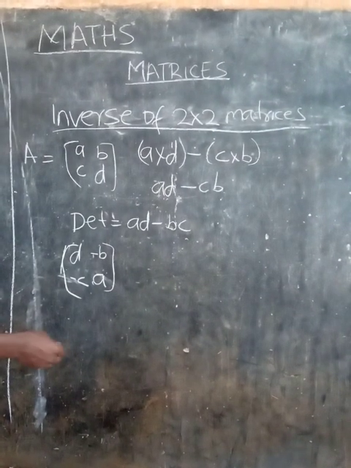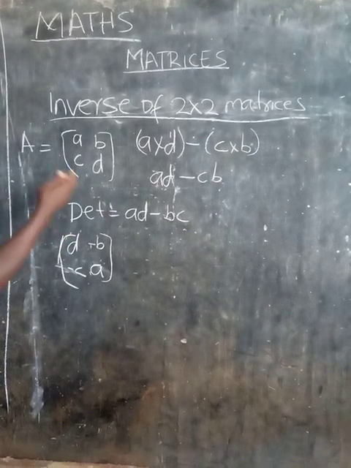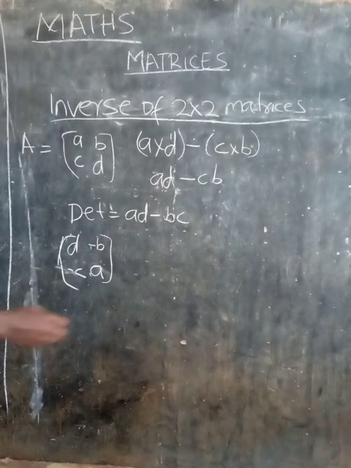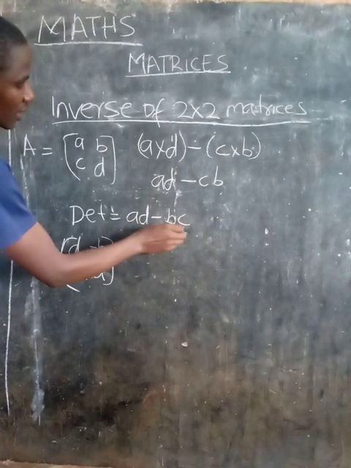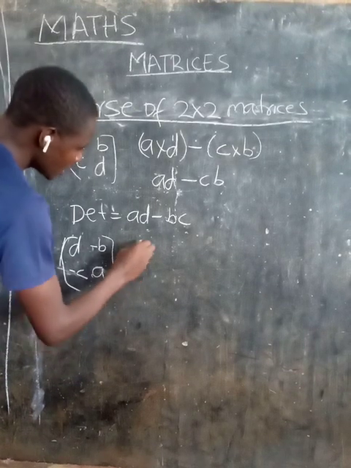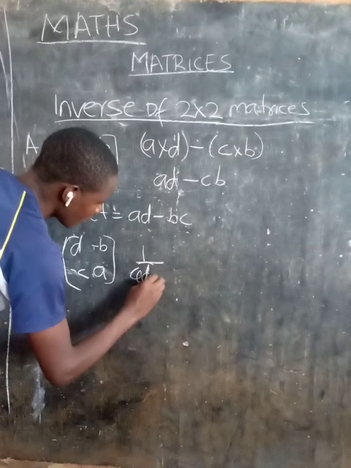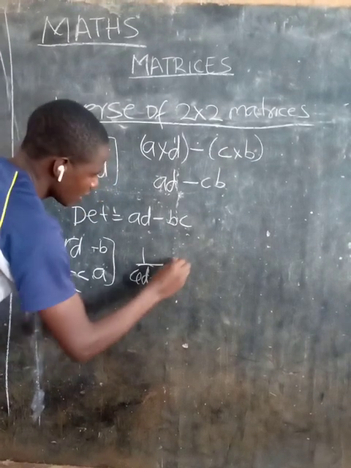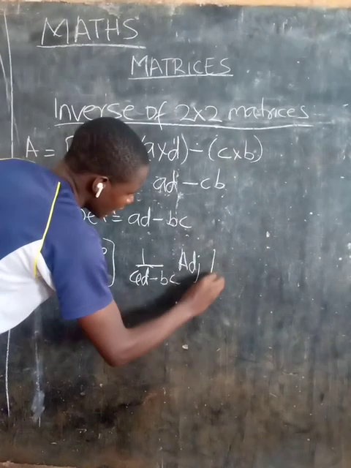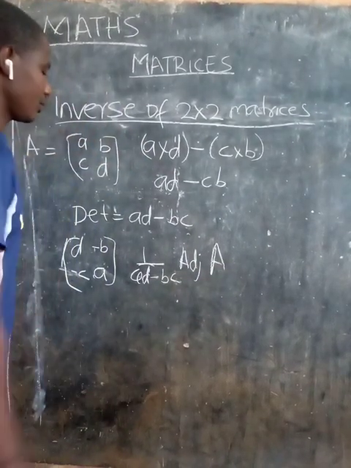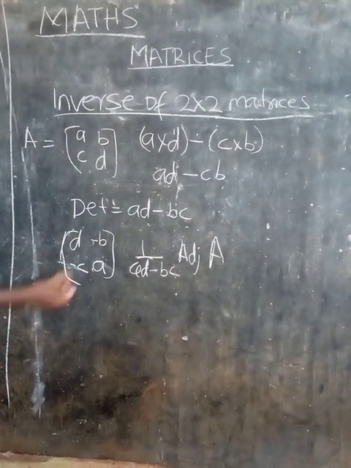So for us to find the inverse of this matrix, we take the reciprocal of the determinant, which is 1 over AD minus BC, times the adjoint of A. And the adjoint of A we got as this.